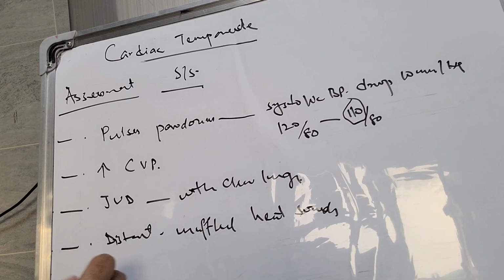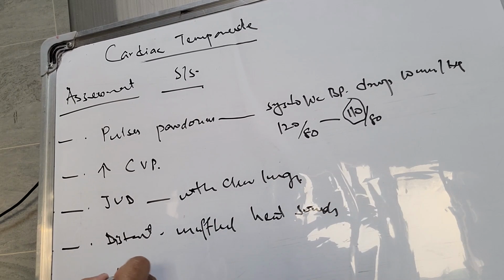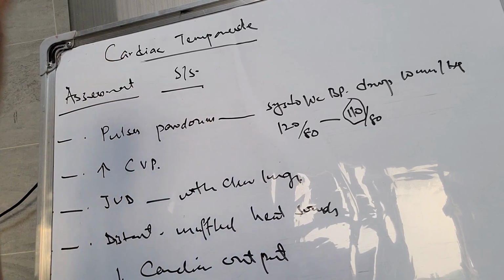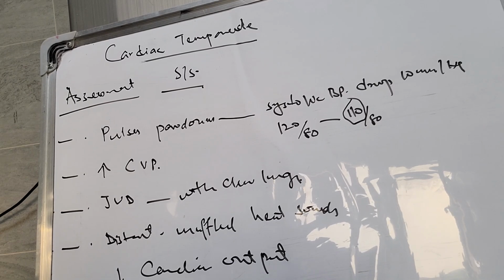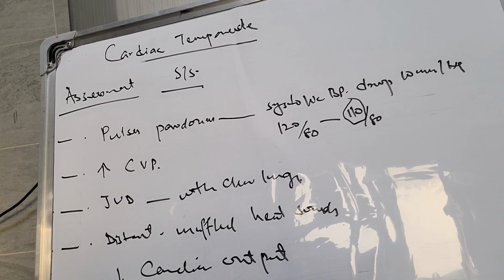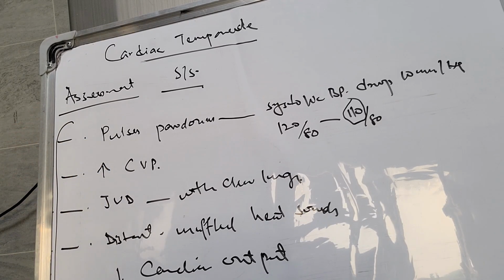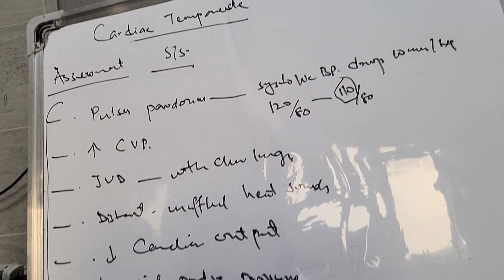Decreased cardiac output, because the fluid compresses the heart, the cardiac output will decrease. Narrowing pulse pressure. So once the patient comes to the emergency, you will observe all these signs and symptoms in the assessment, and then you will diagnose that this patient has cardiac tamponade.